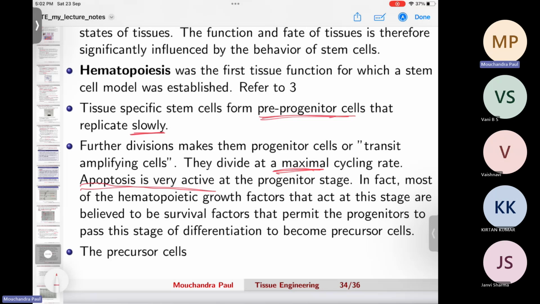So because of which at this stage the survival growth factors become very important, because if they are not present, then whatever new cells are being formed will undergo apoptosis. Okay, so at this stage you need to supply the survival factors to permit the progenitor cells to enter the next stage of differentiation, that is precursor cells.